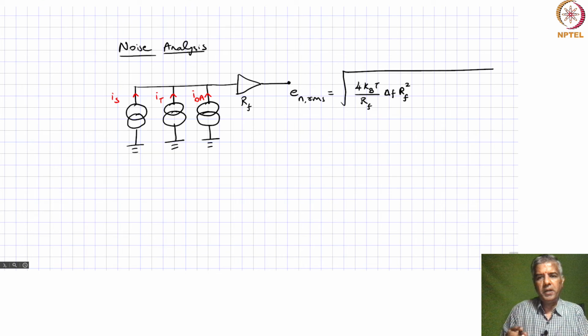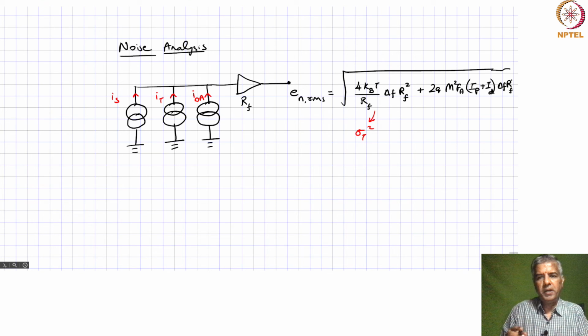So this we realize corresponds to sigma_t square, and similarly you're going to have another factor, which is 2q multiplied by M square F(A), multiplied by (I_p plus I_d) multiplied by delta f, and that again goes through a gain multiplication of R_F.